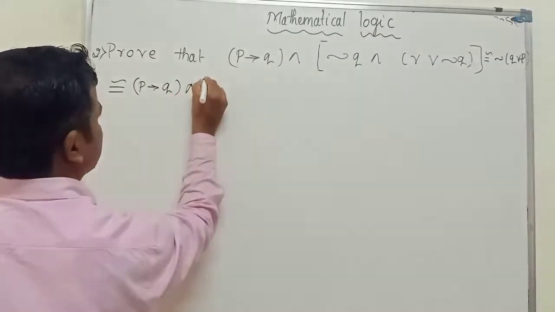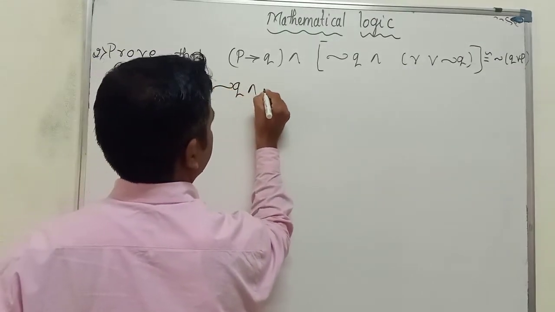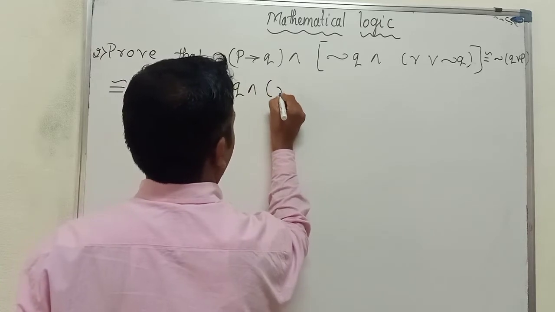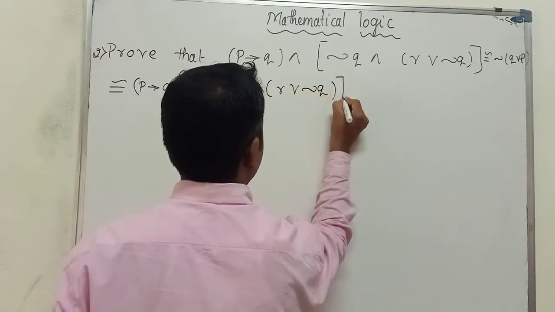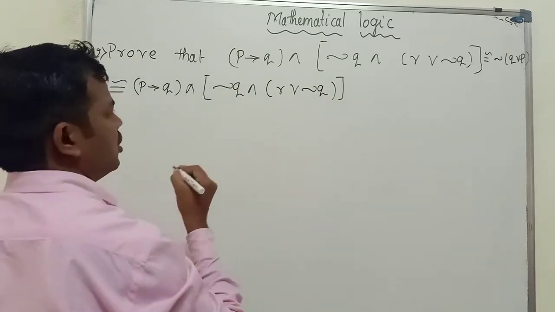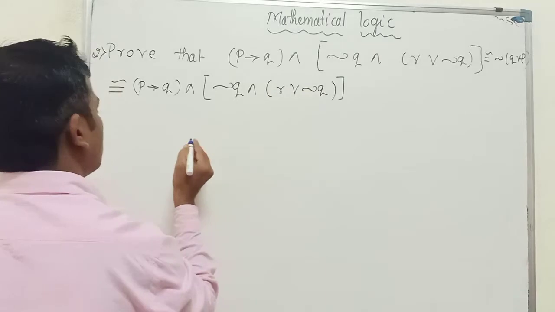We have, logically, (P conditional Q) and [negation of Q and (R or negation of Q)]. So here we know the property. First I will apply the commutative law.